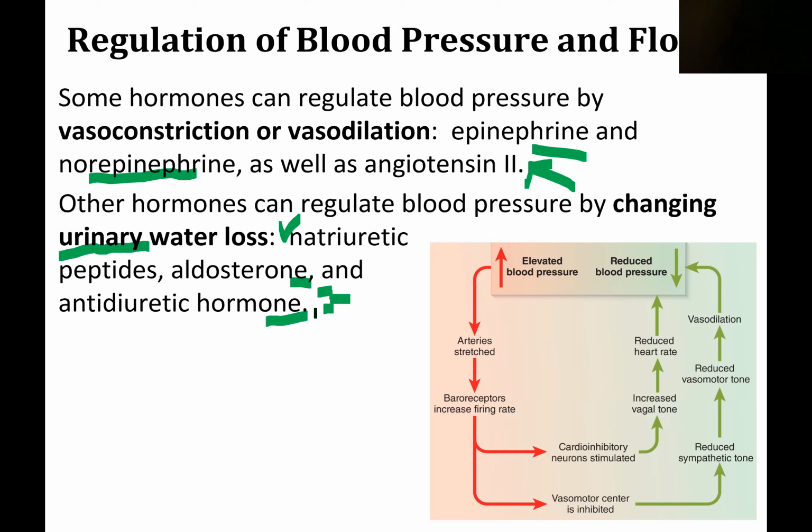Okay, so A's add water, so that's going to increase blood pressure. Natriuretic peptides, like a diuretic, are going to lower water levels to lower blood pressure.